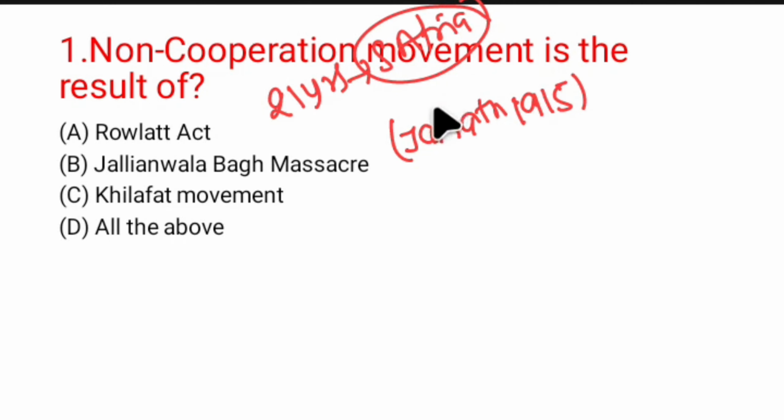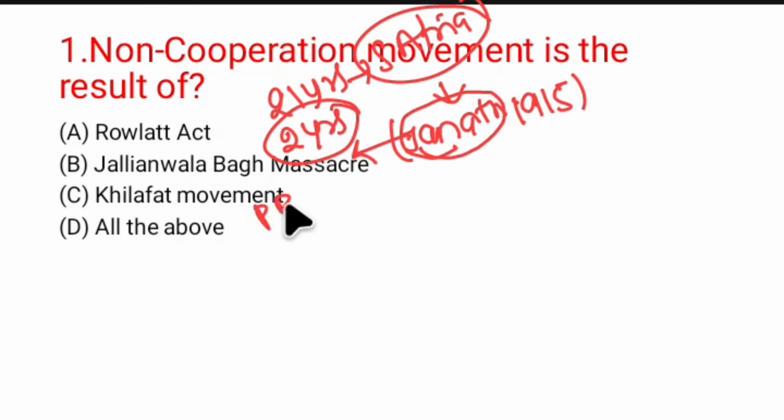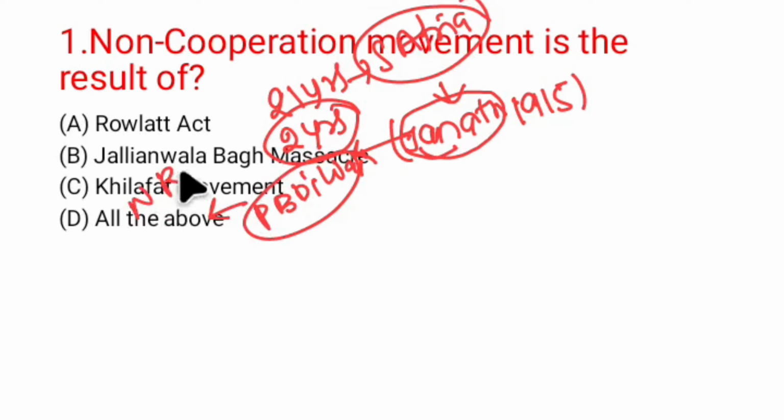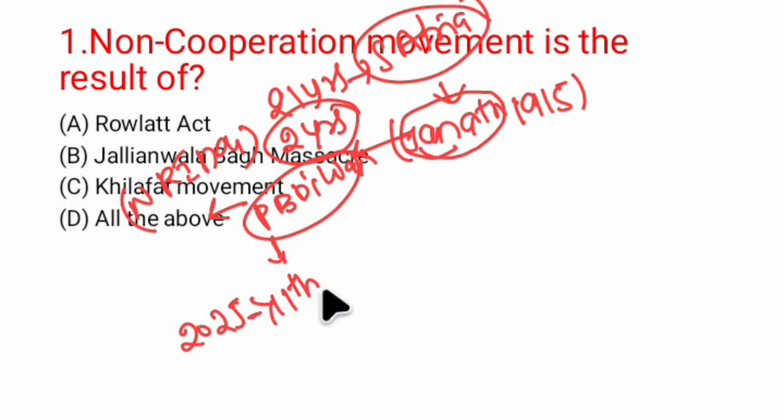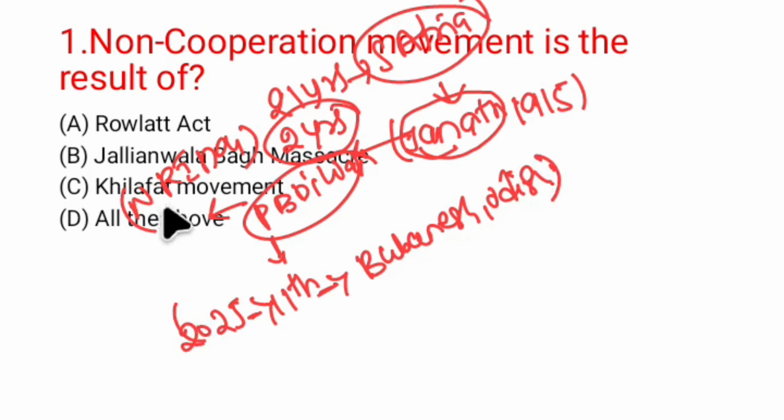Thereby, every 2 years we celebrate Pravasi Bharatiya Divas, which is referred to as NRI Day. In 2025, the 11th edition of this Pravasi Bharatiya Divas was held in Bhubaneswar, Odisha. So remember all these key points related to January 9th.